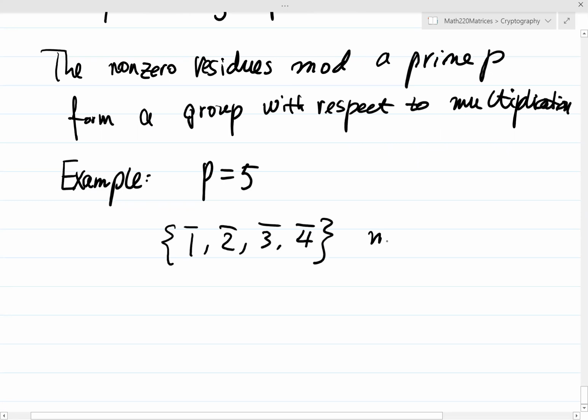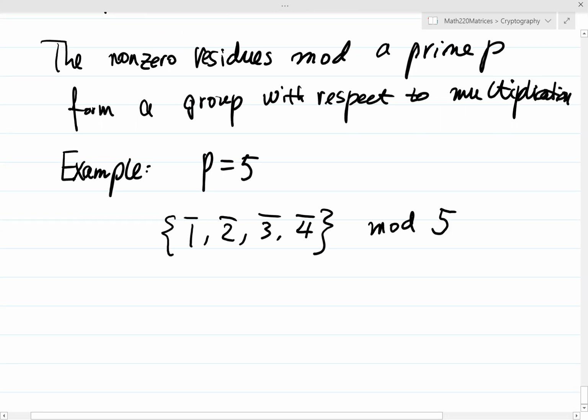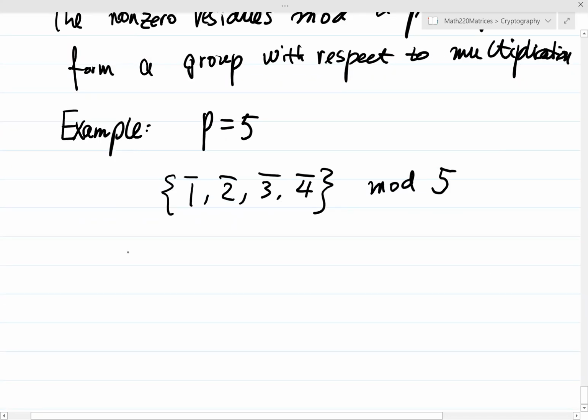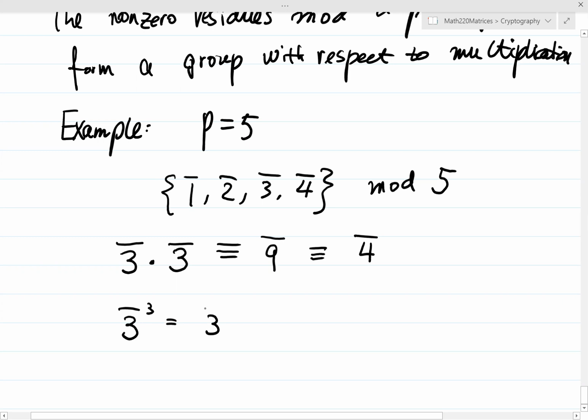This bar means mod 5. So this is multiplication. For instance, 3 squared is 9, and 9 mod 5 gives us 4. Subtract a multiple of 5, so 3 times 3 gives 4. 3 cubed is 3 squared times 3, so 4 times 3, which is 12, and subtracting a multiple of 5 gives 2 mod 5.